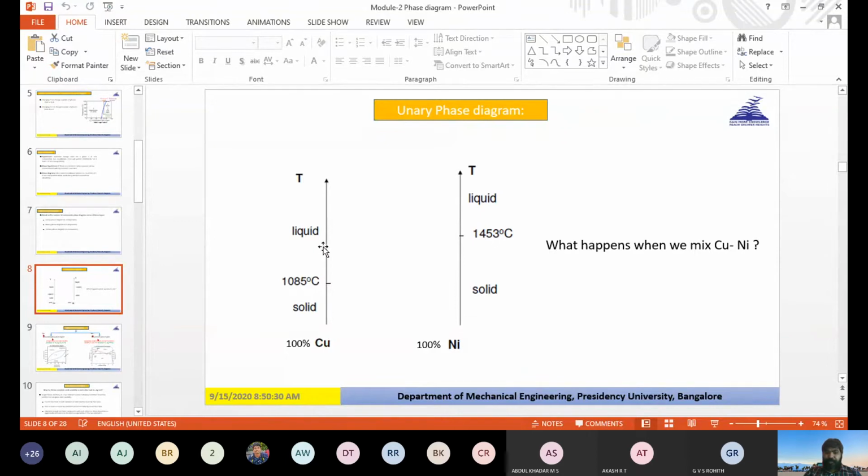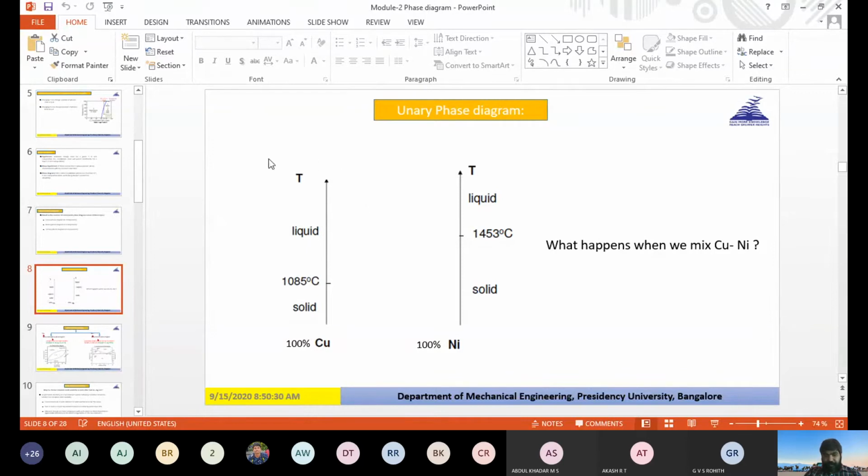Here the temperature is what I am increasing. If you have taken pure copper and you are going to see the effect of temperature, that will be the unary phase diagram. You have nothing here in addition to copper. You start heating the copper, then you will find that at 1085 degrees Celsius all this solid copper is going to change into liquid copper.